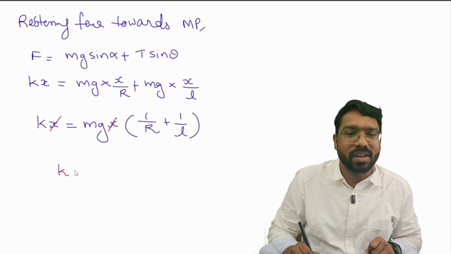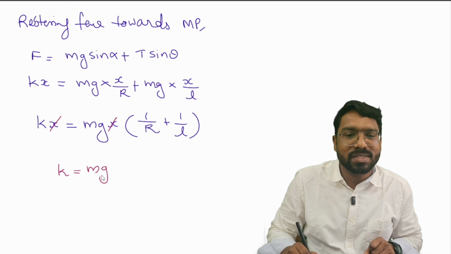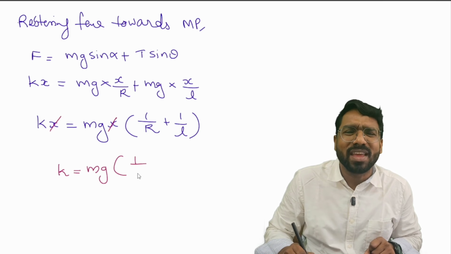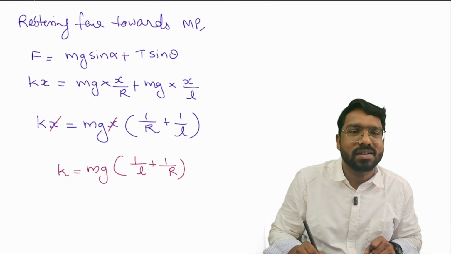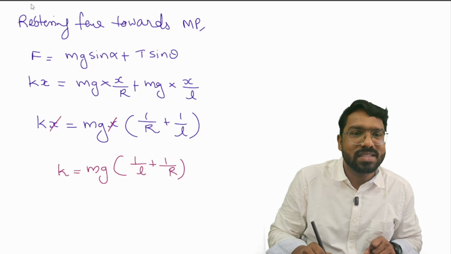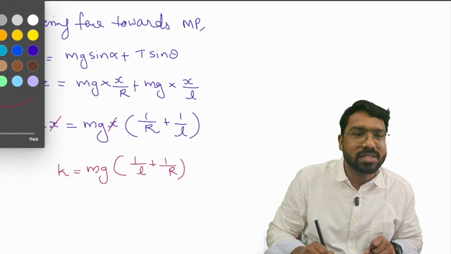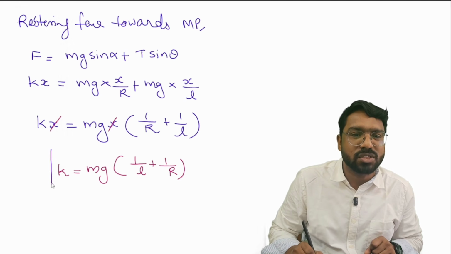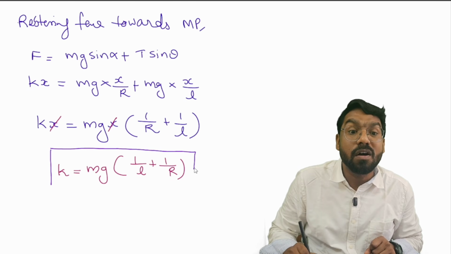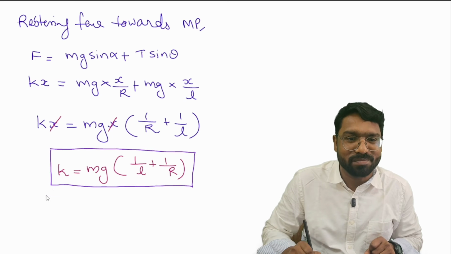So we get k equal to mg into, writing L first, 1 by L plus 1 by r. This is the force constant or spring factor of the large length pendulum.